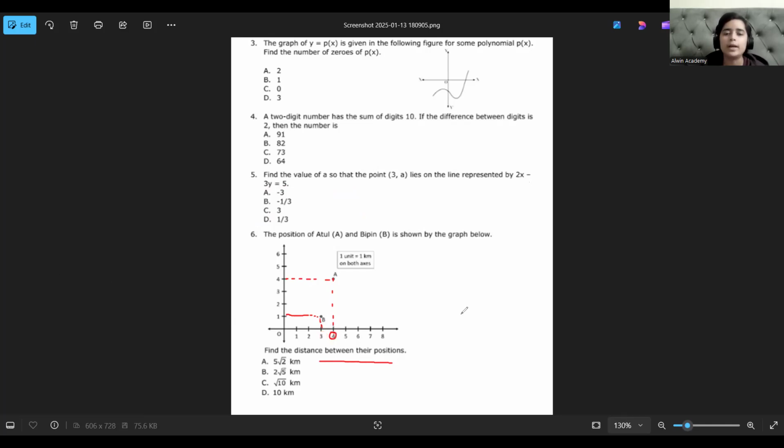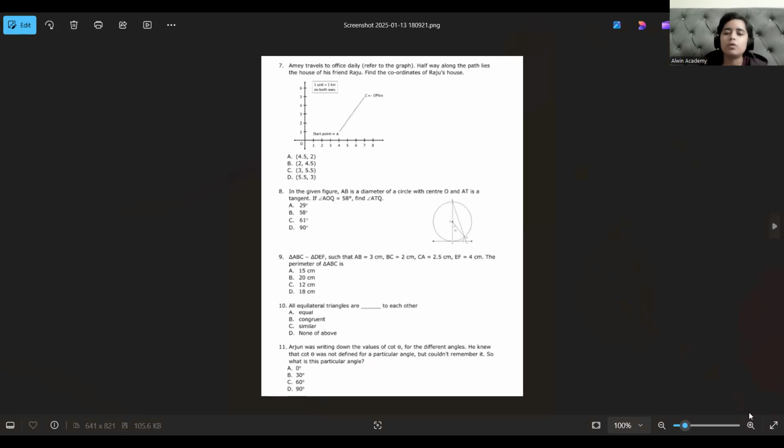So 1 square plus y2 minus y1, y2 is 4, y1 is 1, 4 minus 1 is 3. 3 square, and it is all under root. So 1 square is 1, 3 square is 9. So 1 plus 9 is 10 and we have the answer as root 10 kilometers. Option number C.